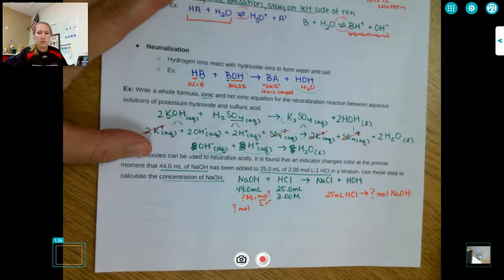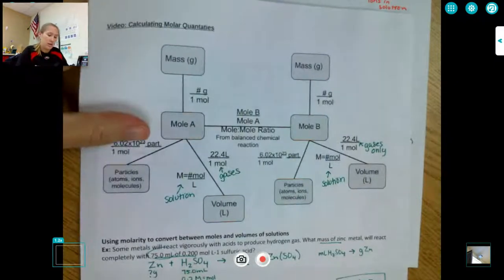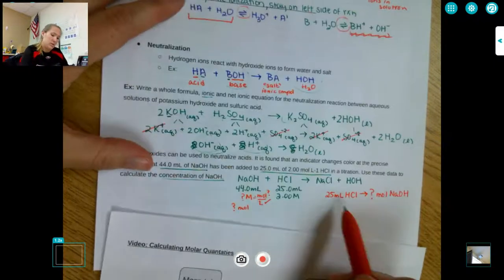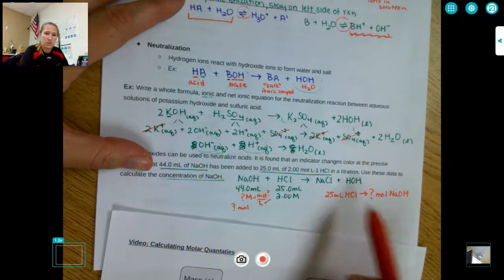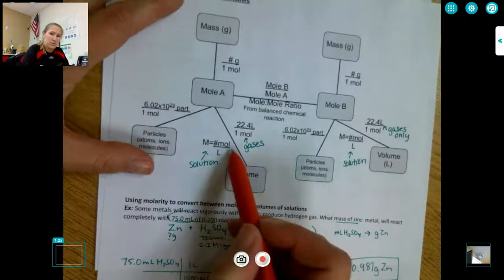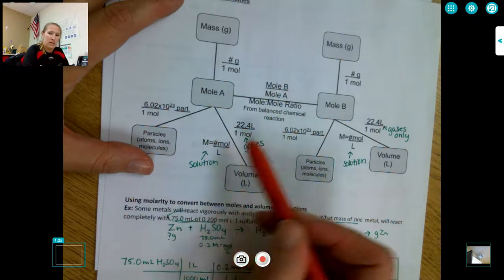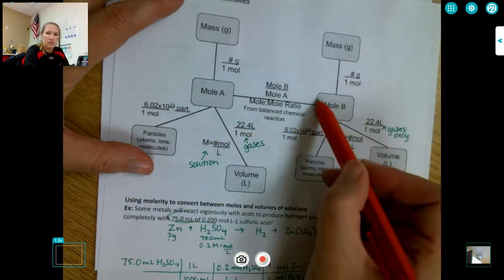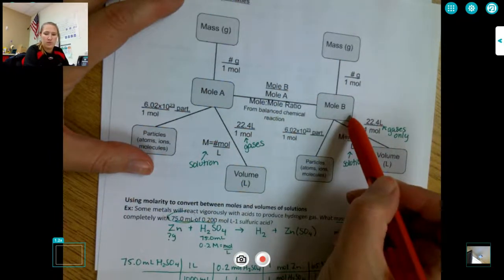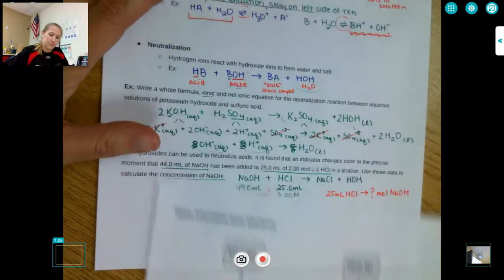So all this is stoichiometry. I head on back here. I know volume of a solution. So that's here with this guy. And I want to find moles of my other one, of the sodium hydroxide. So 2 steps.